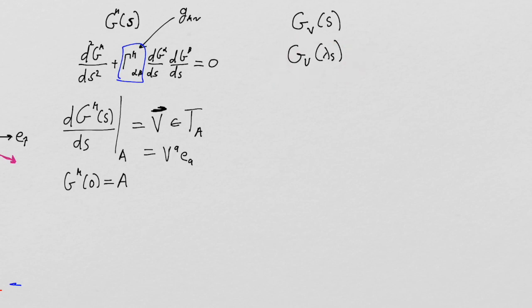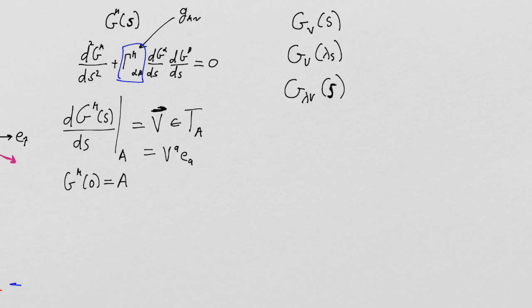And then I also want to write down G of lambda v of s, which is essentially the same parameter, but the initial vector is going to be multiplied by some factor lambda, and it's going to be the same factor. We're going to consider the lambda of this and the lambda of this to be the same.